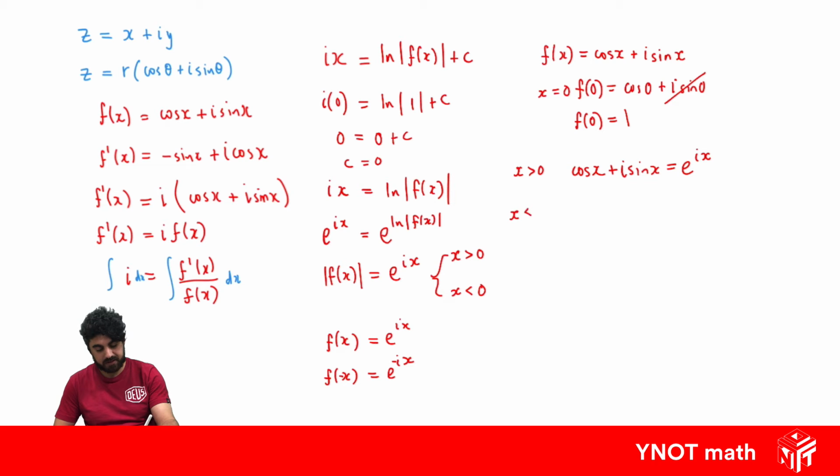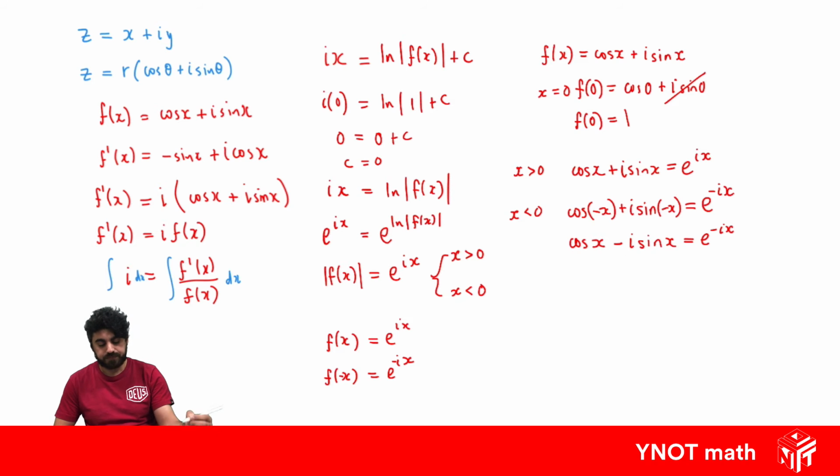And when x is less than 0, we're going to get the cos of minus x plus i sine of minus x equals e to the minus ix. Cos of minus x just equals cos x, and sine of minus x equals the minus sine of x, so we get cos x minus i sine x equaling e to the minus ix.